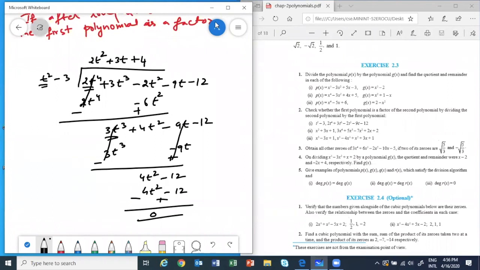Okay, next one also you all did. So, second question, first part we did. Second part also some of the students have finished. Today, why others are not answering? Okay, second one, remainder is 0.